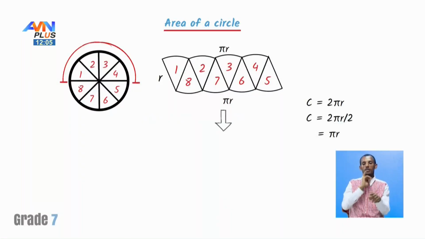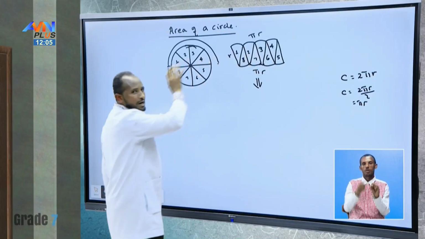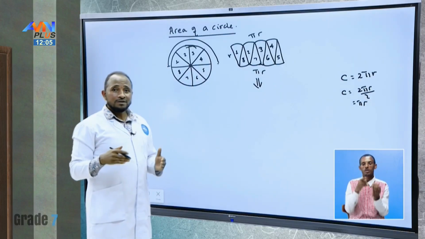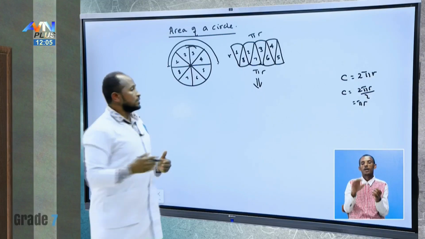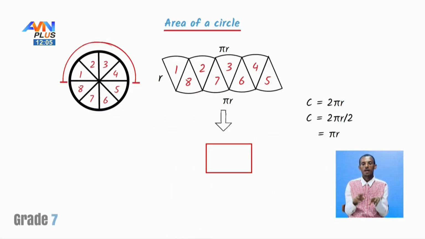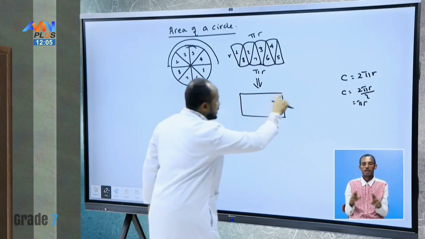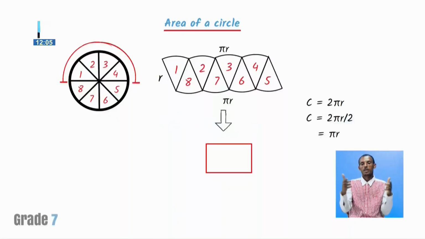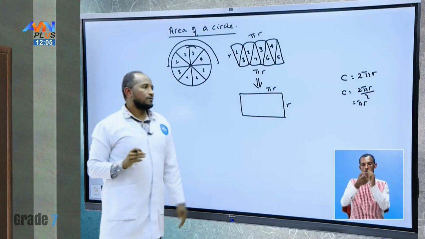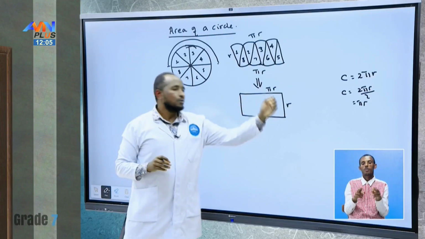So if you divide this circle into so many pieces, you will have such a picture, which is near to a rectangle. If you divide the circle into so many parts, you will have a rectangle whose length is pi r and width is the radius.